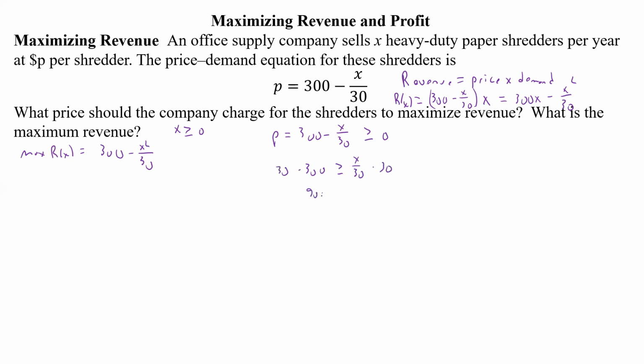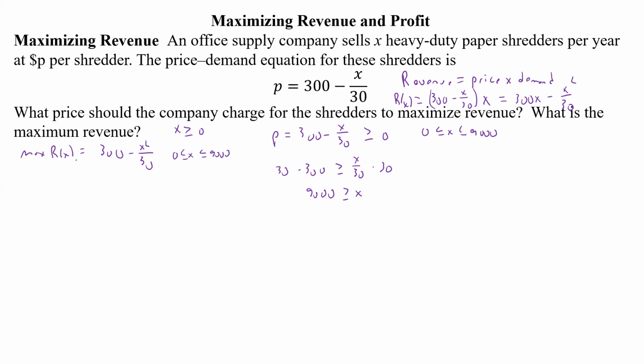So we have 9,000 greater than or equal to x, or x is less than or equal to 9,000. But it also has to be greater than or equal to 0. So x is going to be between those. We are going to maximize when 0 is less than or equal to x, less than or equal to 9,000. That's a key piece there.